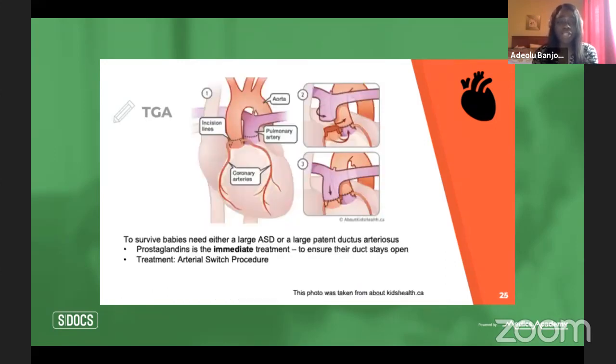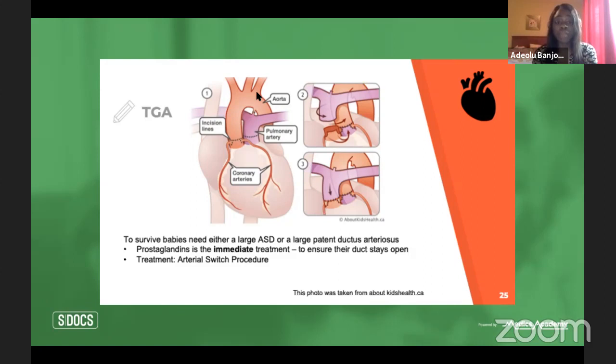In order to manage a baby with a transposition of the great arteries, in order for them to even survive before you intervene, they usually have a large ASD or a patent ductus arteriosus. So the immediate treatment for any baby diagnosed with a TGA is to give them prostaglandins to make sure that their duct stays open, because that duct is the only thing causing oxygenated blood to get to their body.